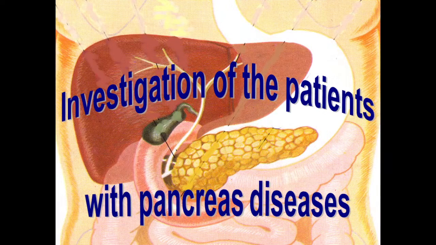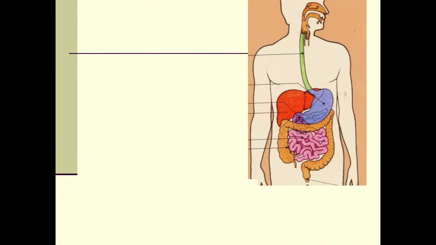And the last question on which we'll stop today is examination of the patient with pancreas diseases. The pancreas is an organ which has two functions: exogenous, as a digestive organ, and endogenous, as an organ of the endocrine system, because it produces insulin.